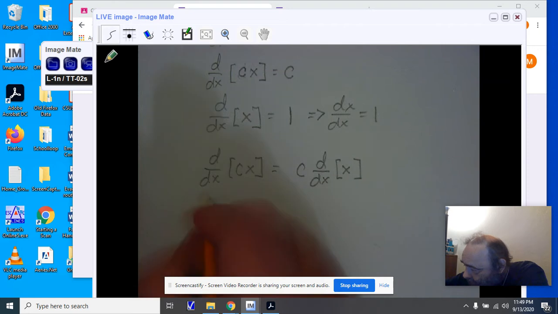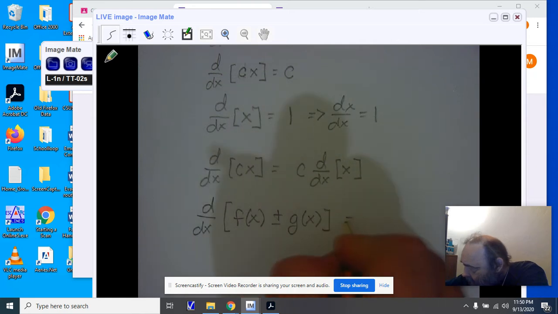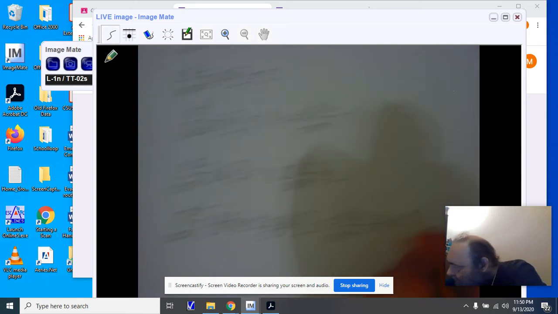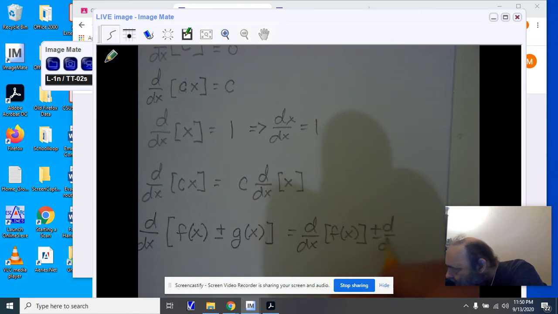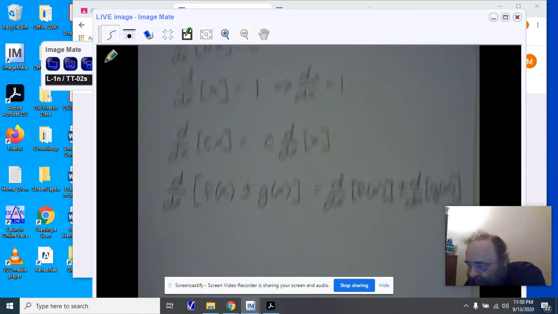We have our sum rule that says the derivative of f of x plus or minus g of x equals d dx of our f of x plus or minus d dx of our g of x. Okay, so these are our first basic ones.